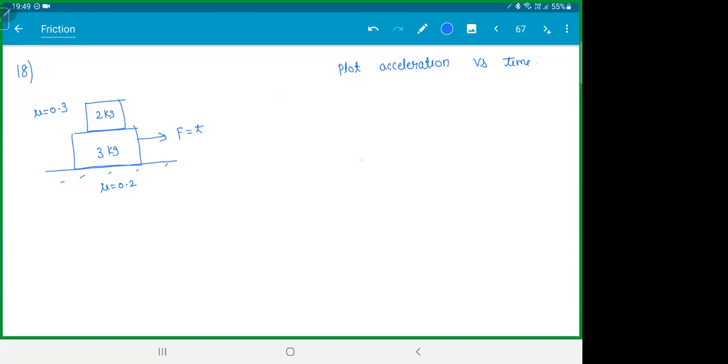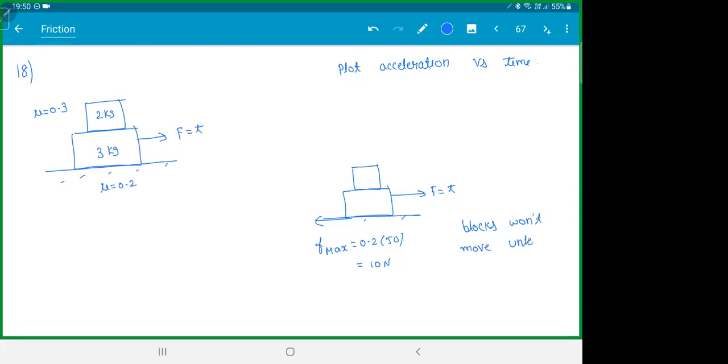So you can actually check that. If you look at the maximum friction on the ground, how much is this? 0.2 into 50, the total normal reaction. That would be 10 newtons. Therefore, unless you apply 10 newtons, the system won't move. Blocks won't move unless F is greater than or equal to F max.